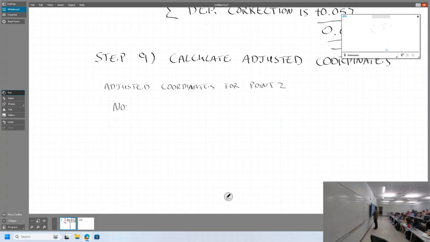I'm just going to put northing 2 equal to that 5,000, minus that first latitude that we calculated, negative 1,018.446, plus that first correction in latitude, which is 0.01.